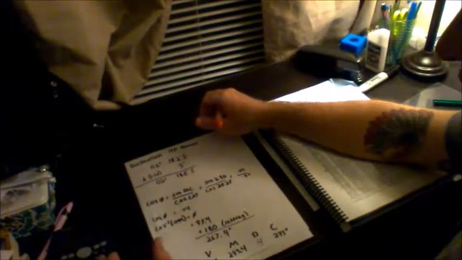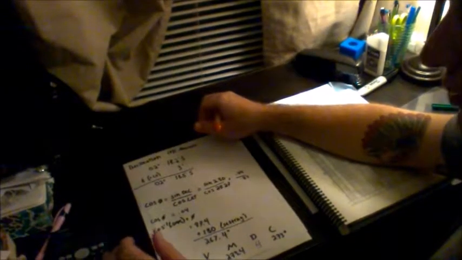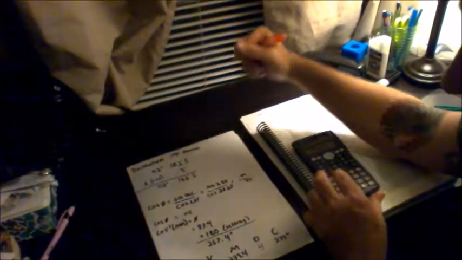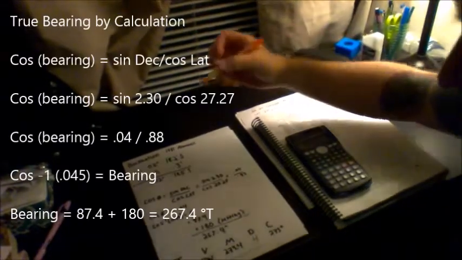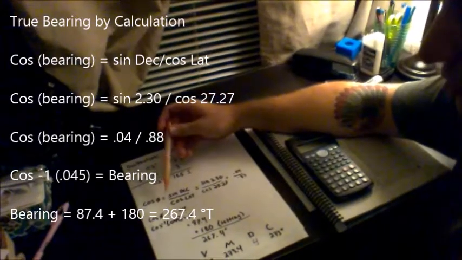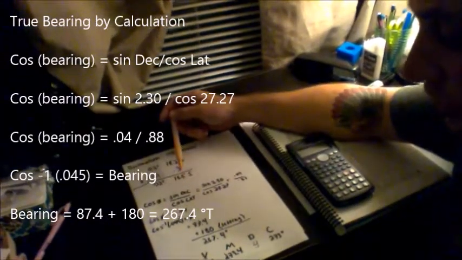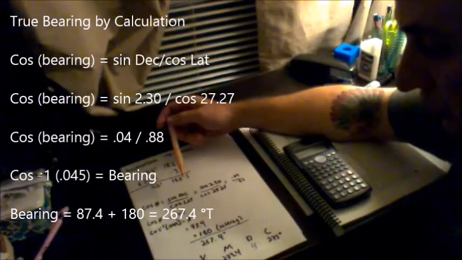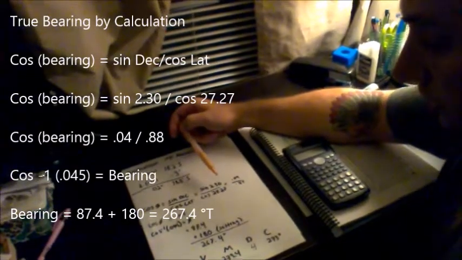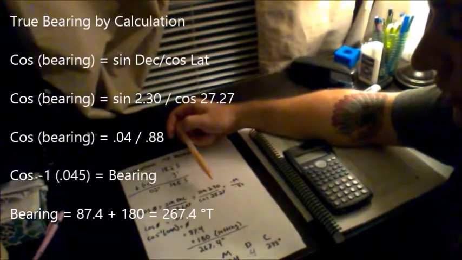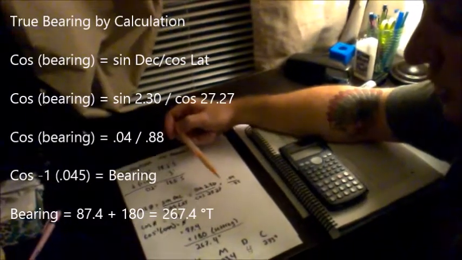Now, when you do an amplitude, you can use a calculator and figure out the exact bearing. You might need to add a little correction if the sun is setting, which is you add 180. So you take the cosine of the bearing, which equals the sine declination over the cosine latitude. We now know declination, and we now know the latitude. So we plug and chug. We plug sine of 2.30 divided by the cosine of 27.27.